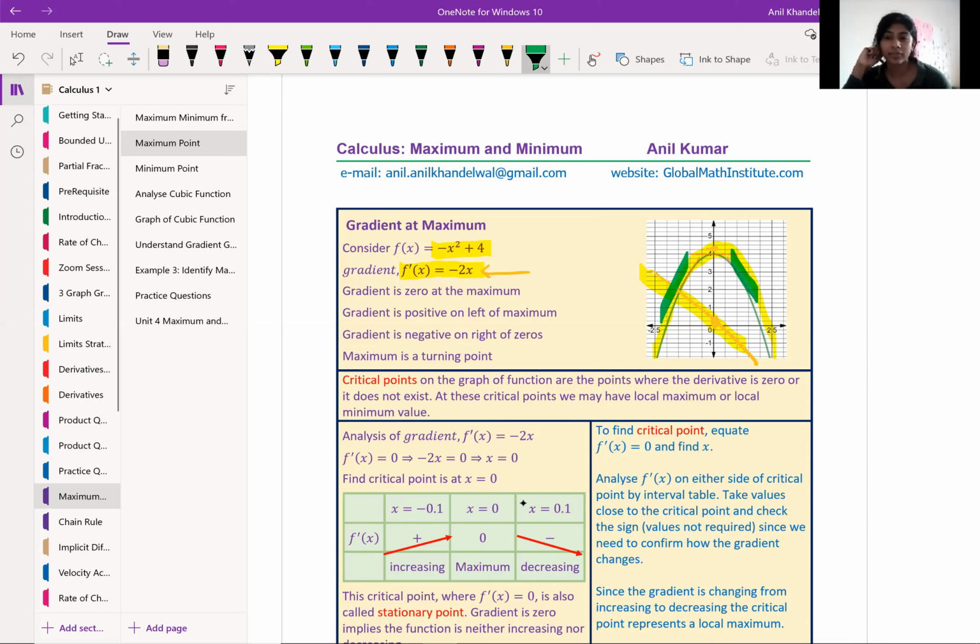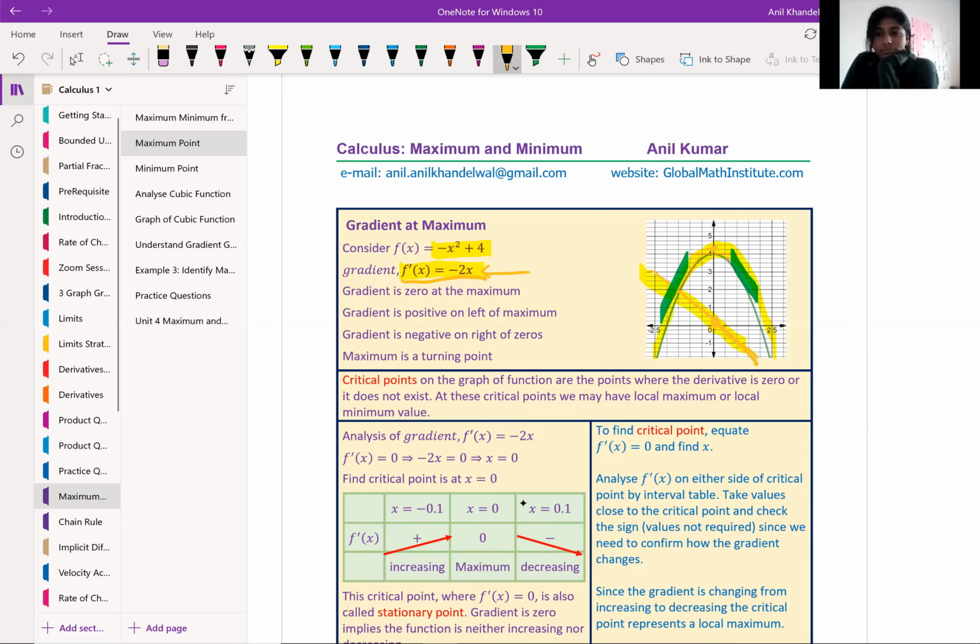It has a negative value, which is represented by the graph which is below the x-axis, correct? So is that line that you've drawn the graph of the gradient? Yes, minus 2x. Clear? So you can see very easily now a simple parabola function, which is degree 2. Its gradient will be degree 1, one degree less.